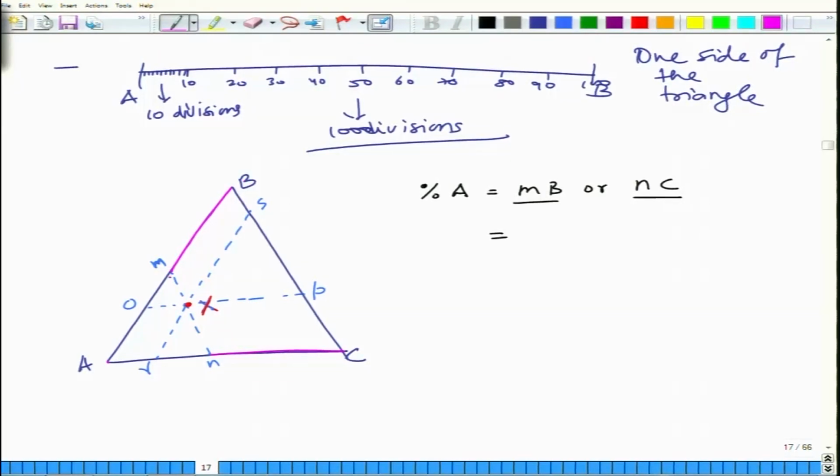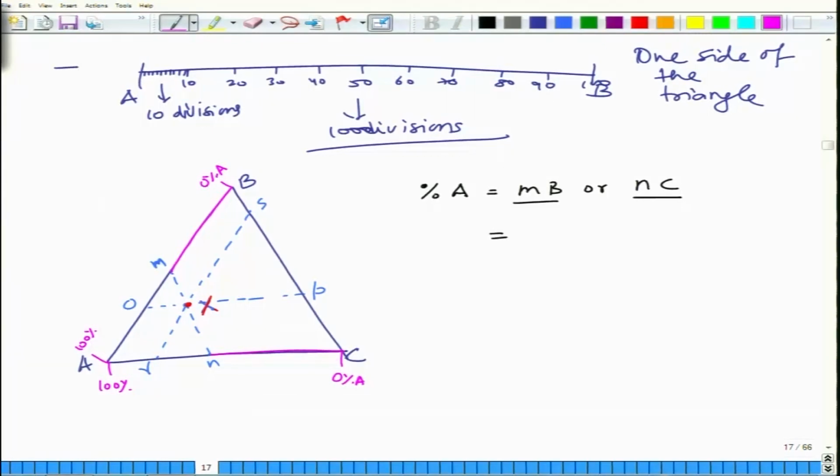The lengths MB and NC are equal, and as you move from C towards A, or B towards A, you measure the composition of A. So this would be 0% A and this would be 100% A. Similarly, along this line it would be 0% A and here it would be 100% A. So this is equal to MB or NC.